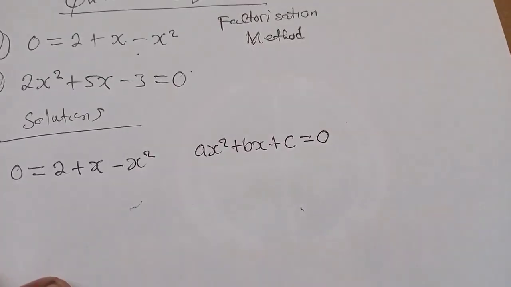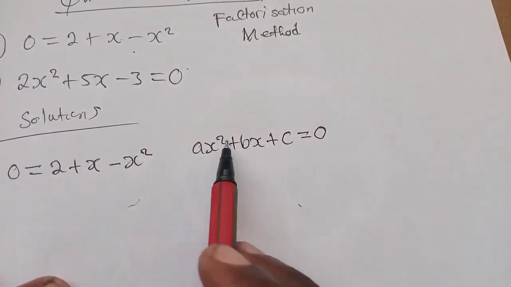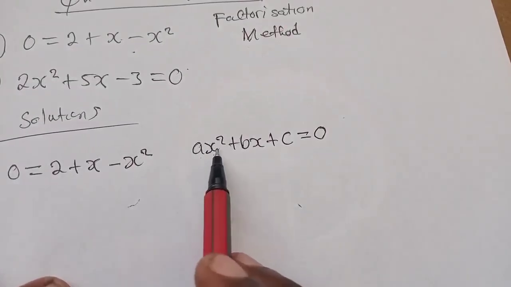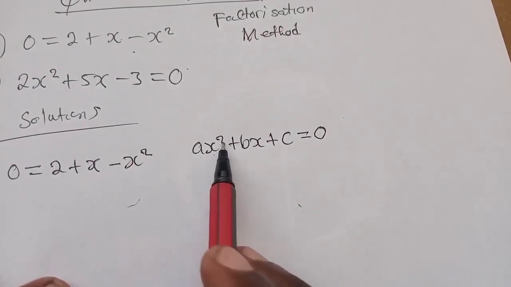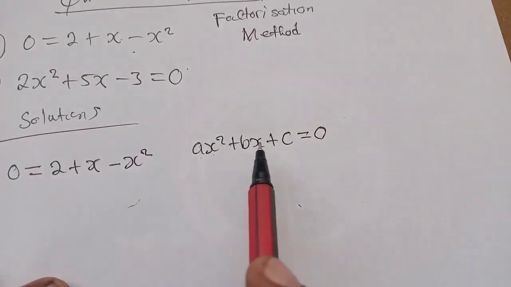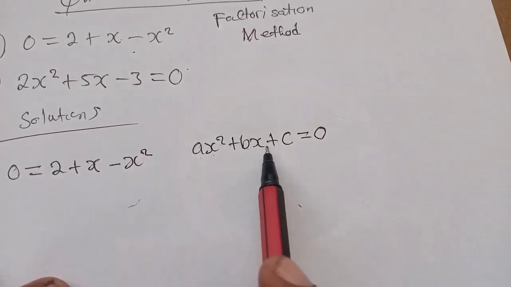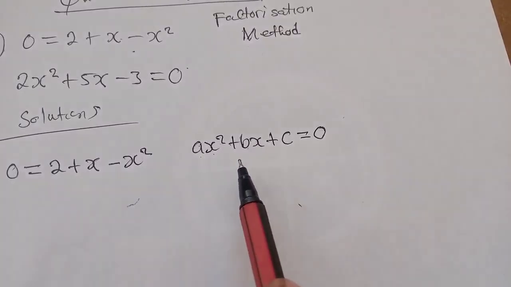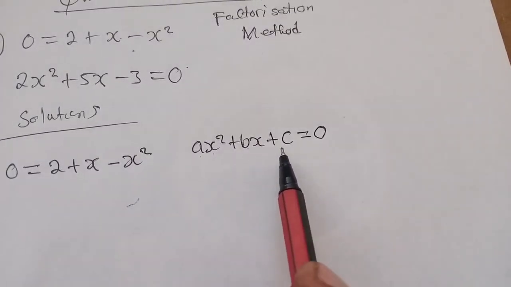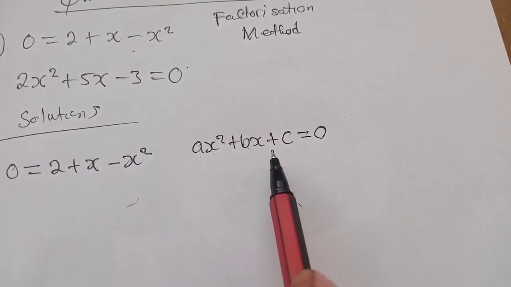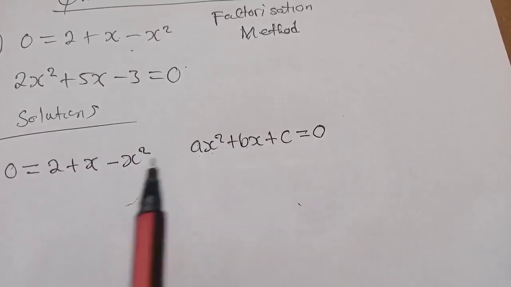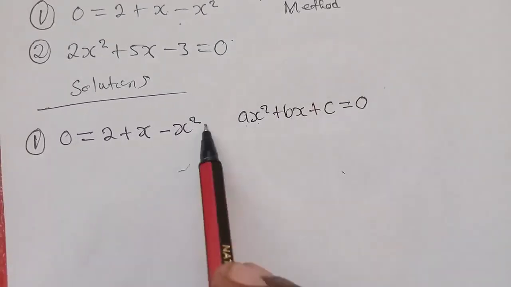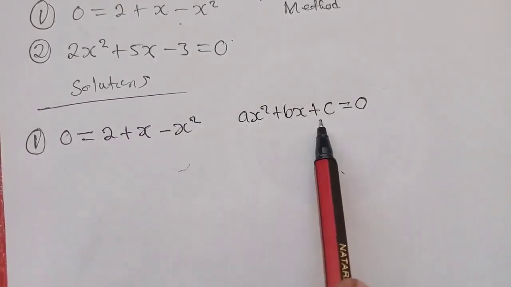Meaning that the one starting with the square is a, the one with x not squared is b, and the one without letter x or letter y is c. That is a constant. So we need to arrange this in the form of this one.